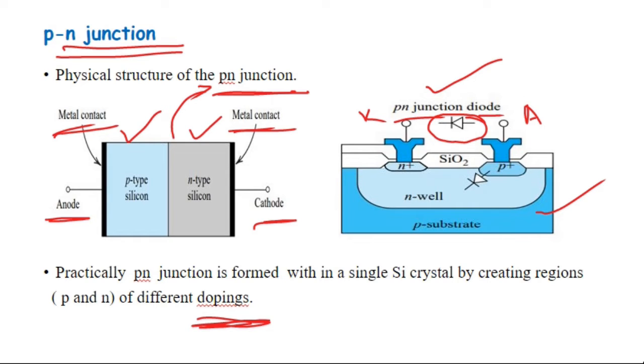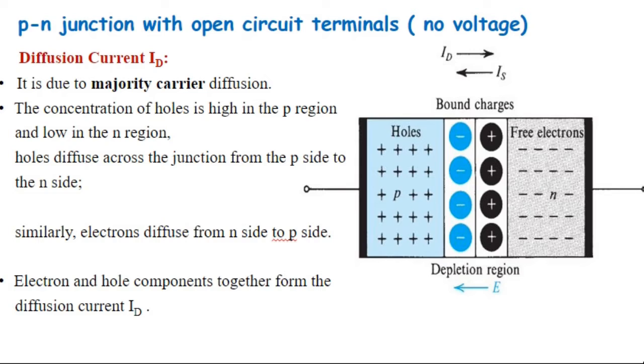Okay, so next let's see how the PN junction reacts when we do not supply any voltage, that is, the circuit is open. Here you can see the structure of a PN junction material. Now in this section we will study what diffusion current is.